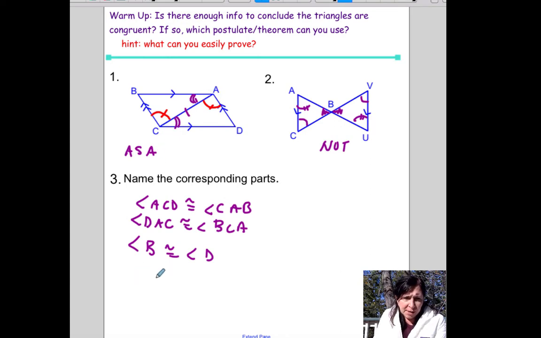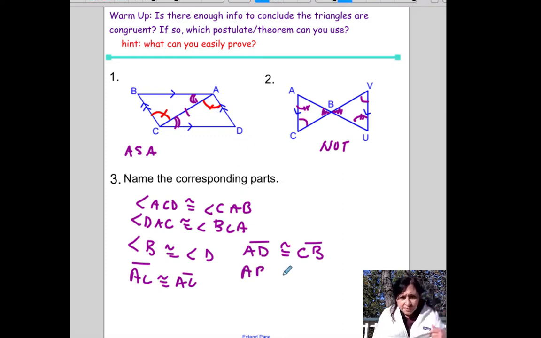We know that AC is congruent to itself. We know that AD is congruent to CB. And lastly, we know that AB is congruent to CD. Okay.